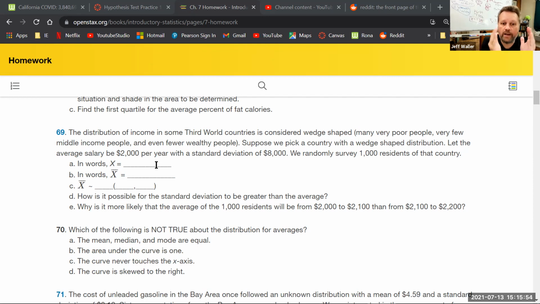Around the mean. So which one of these ranges is closer to the mean? 2,000 to 2,100. So there should be more data in here, meaning that the probability would be higher. That's why as you get closer to the mean, it gets taller, meaning the probabilities go up. Does that make sense? Yeah, it does.